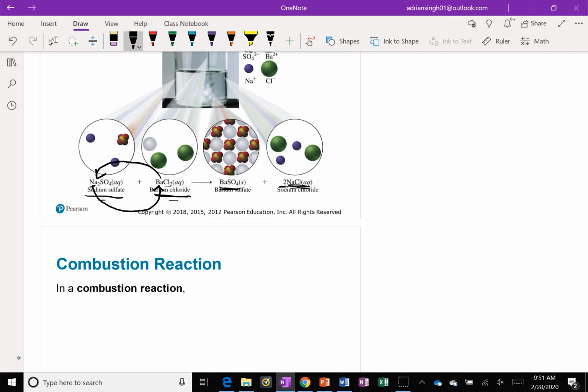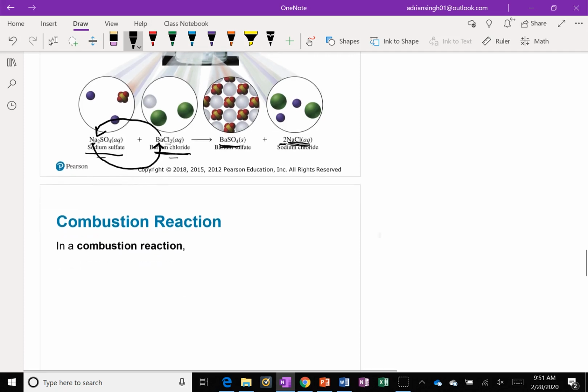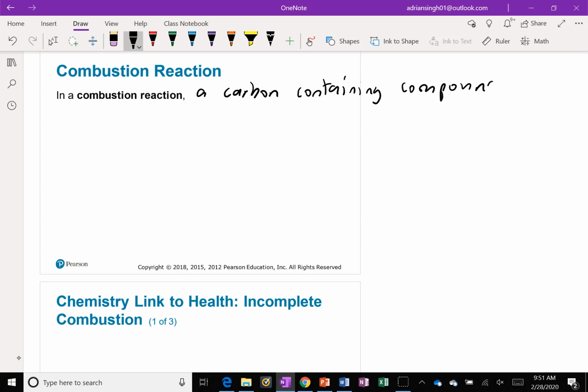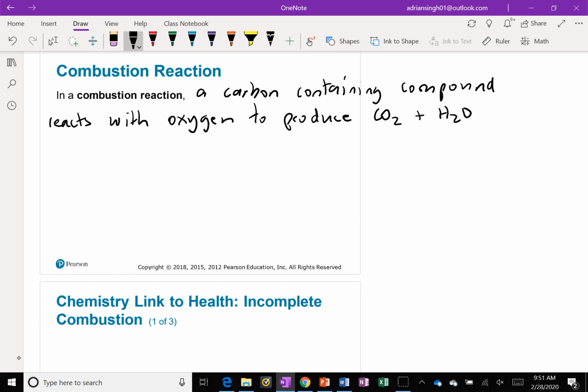The fifth type of reaction is known as a combustion reaction. This is not one that you explicitly saw in lab, but you did make use of it in your Bunsen burner. So in a combustion reaction, what we observe is that typically a carbon containing compound reacts with oxygen to produce carbon dioxide and water vapor.